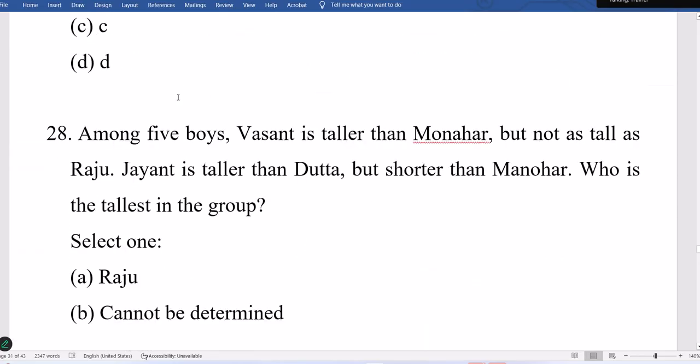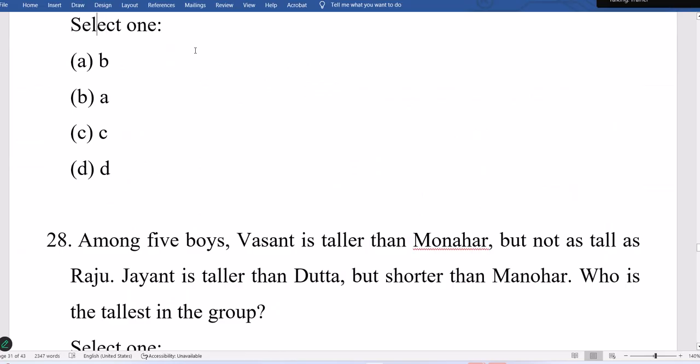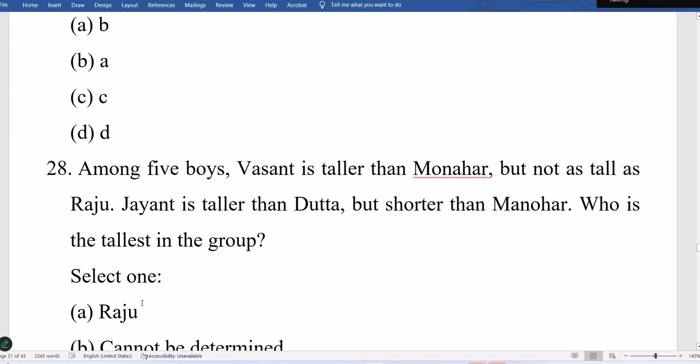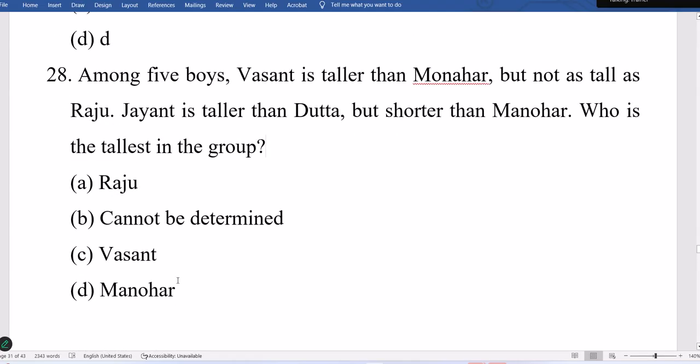Now see, among these five people, who is the tallest? Is it cannot be determined or can be determined?